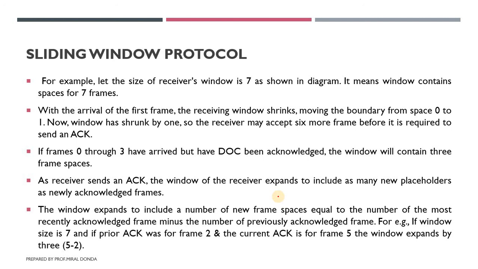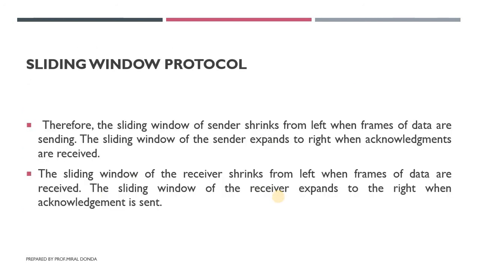For example, if the window size is 7, the prior acknowledgement was for frame 2 and the current acknowledgement is for frame 5, then the window expands by 3, since 5 minus 2 is 3. So this is how it works. Therefore the sliding window of the sender shrinks from the left when frames of data are sent, and expands to the right when acknowledgements are received.